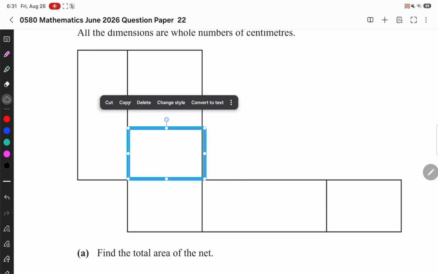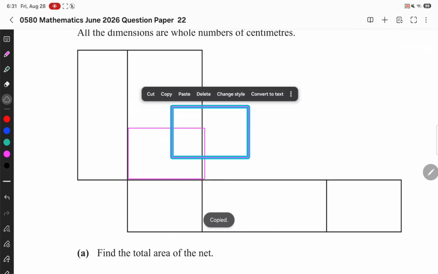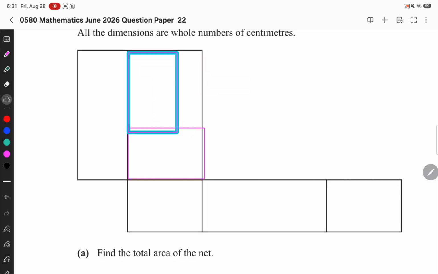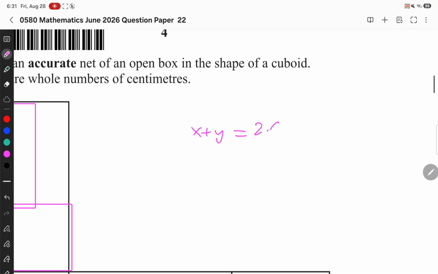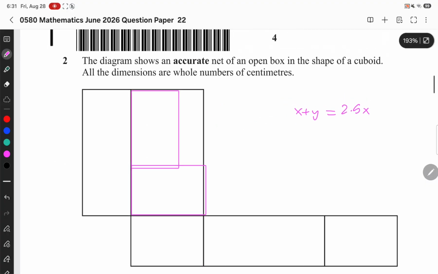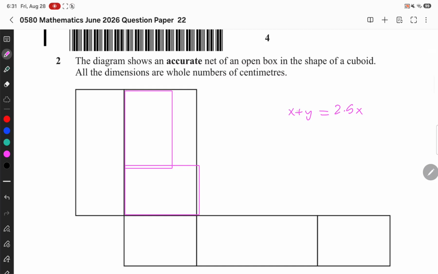If we add x plus y, you can see it gives us this length, and we know if we scale x 2.5 times, we get this length as well. So it equals 2.5x. So what you can do is solve for it, and magically we get 5, 2, 3.